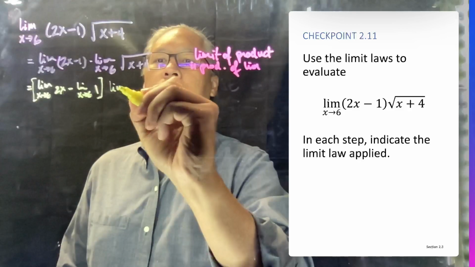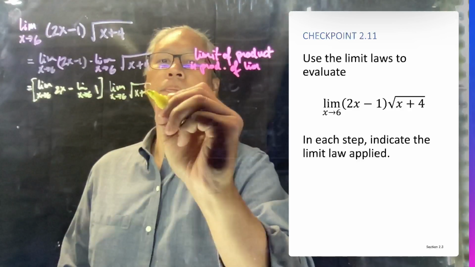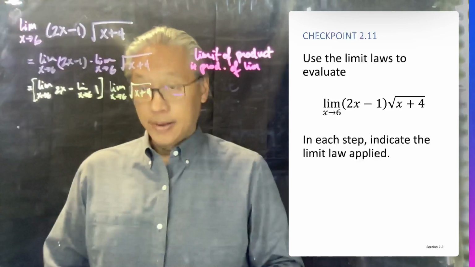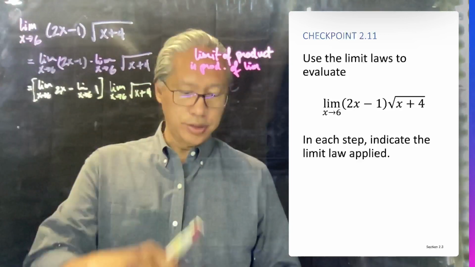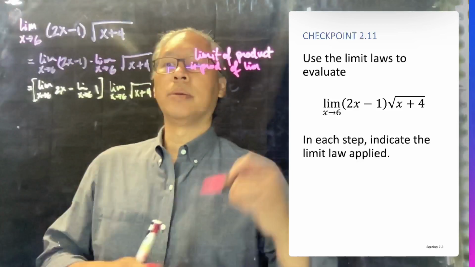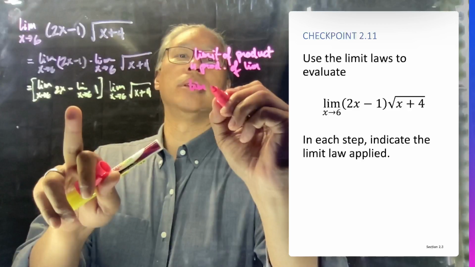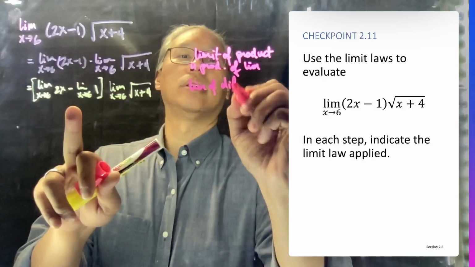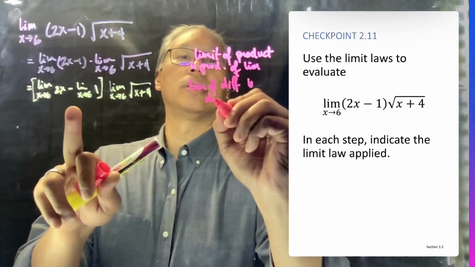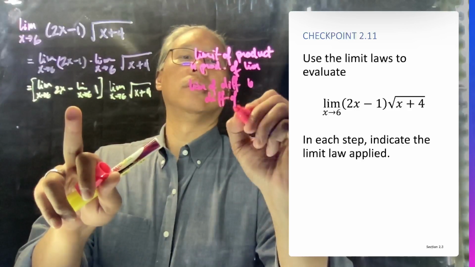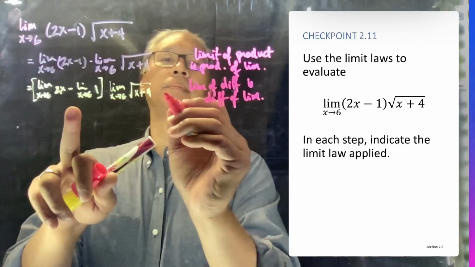So let's leave this one as the limit as x approaches 6 of still this thing. And so this is the only thing we did in this step, which is the limit of a sum or difference. Limit of difference is the difference of limits. Okay.